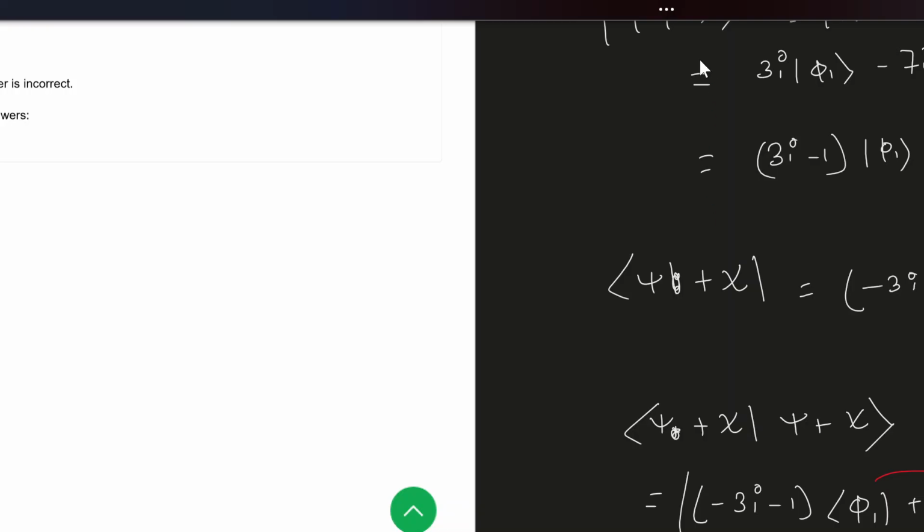That means you get minus 3i minus 1 plus 3i minus 1, this product into 1, plus phi 2 into minus phi 2 into 1.